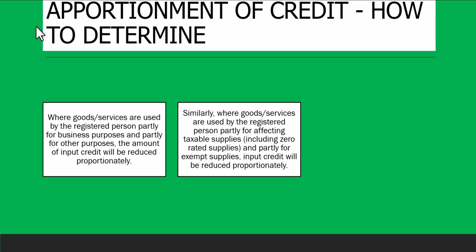Now you are using a lot of inputs to process your goods, and they are all common inputs. You will be entitled to only 50% of the input credit if your sale is 50-50. If your sale is 80% from the exempted goods and 20% from the goods chargeable to tax, you will be entitled to only 20% of the credit for all the inputs. Suppose you have an input credit of 1 lakh, only 20,000 will be eligible to you, and 80,000 will be reversed. Is that clear, Kishore?